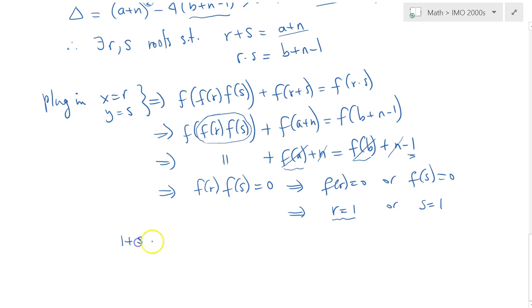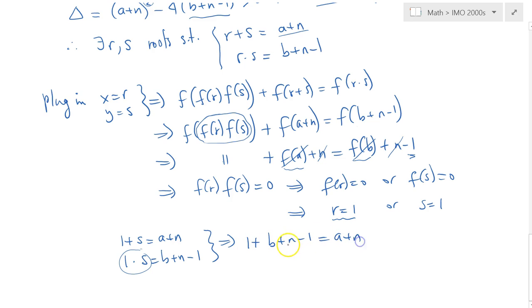Then 1 plus s is equal to a plus n, and 1 times s is equal to b plus n minus 1. Substituting the s, we get 1 plus b plus n minus 1 equals a plus n. The n's cancel out, the plus 1 and minus 1 cancel, implying that a is equal to b, as we desired.